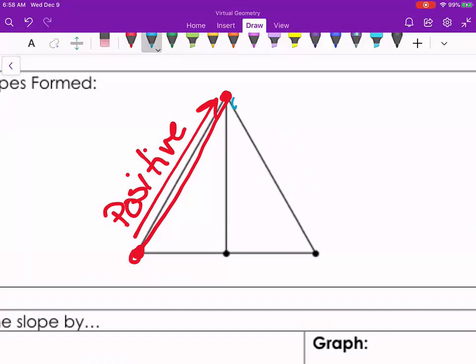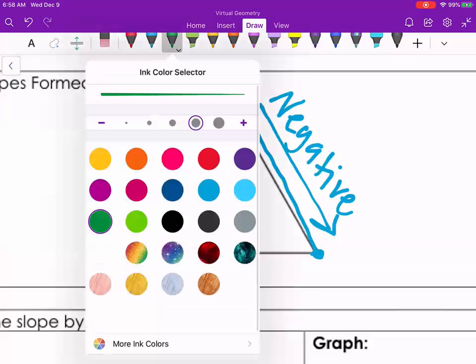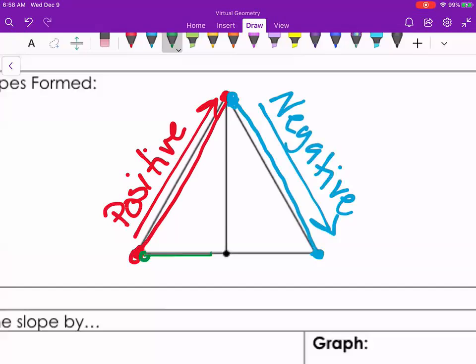When that line, let's make this a little bit bigger. When that line starts on the left and goes to the right, but it goes down, that is our negative slope. When our line is horizontal, when it's flat like the ground, so again, as we go left to right, that is the 0 slope.